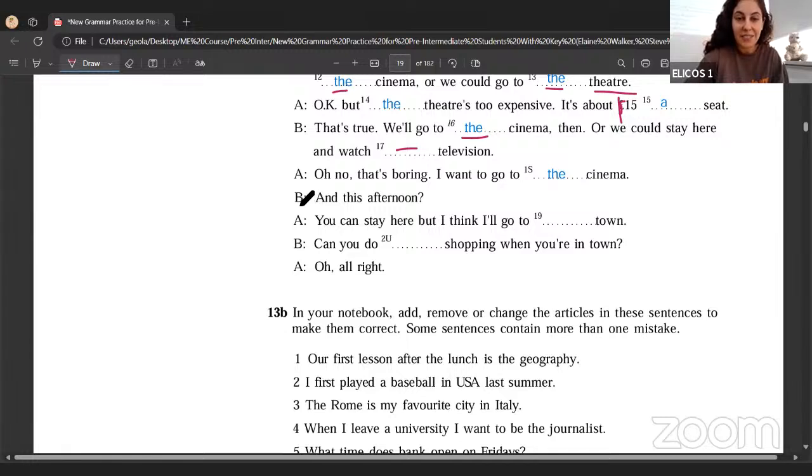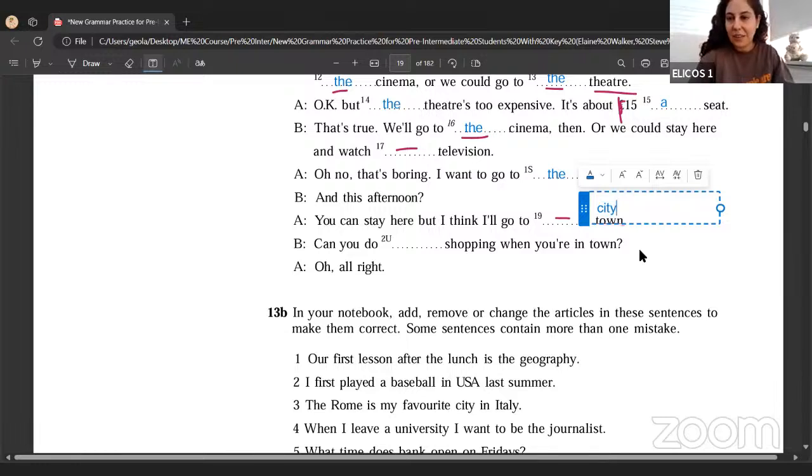Sarah, and this afternoon? No, to town. So you can stay here, but I think I'll go to town. So again, town is okay. We say city, it is more common. We don't say CBD, you sound like you're a traveler, just city.